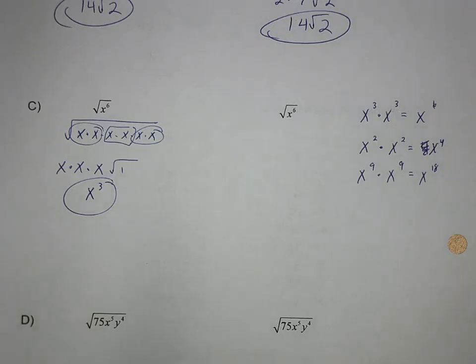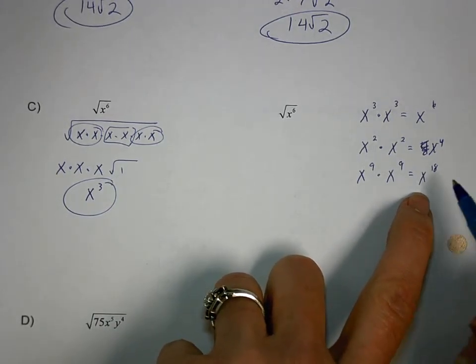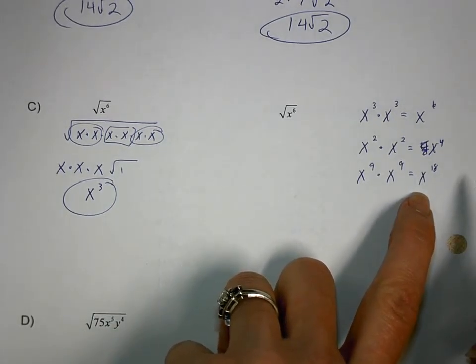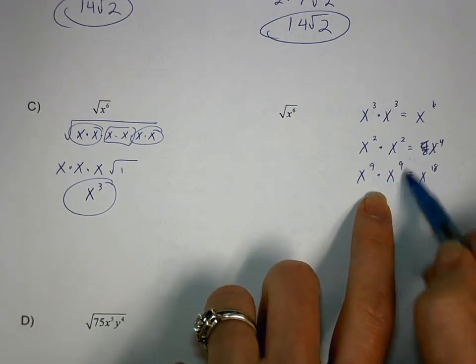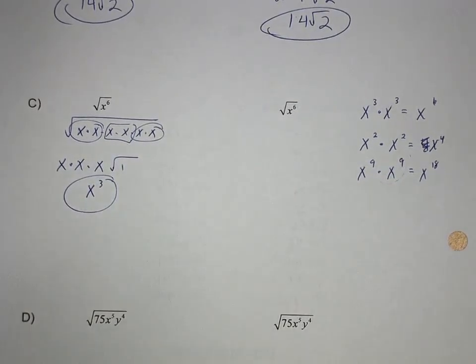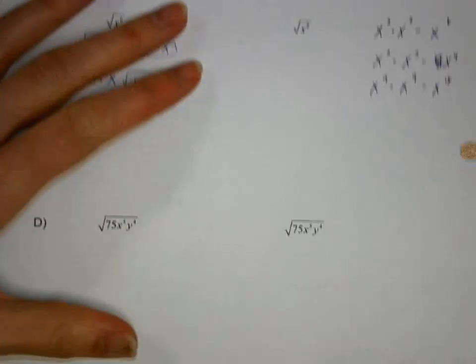Now here's the deal. How do you go backwards then? What if I took the square root of x to the 18th? How would I know it would be x to the 9th? What's a quick way of doing it? Divide it by 2. Here's the easy way.